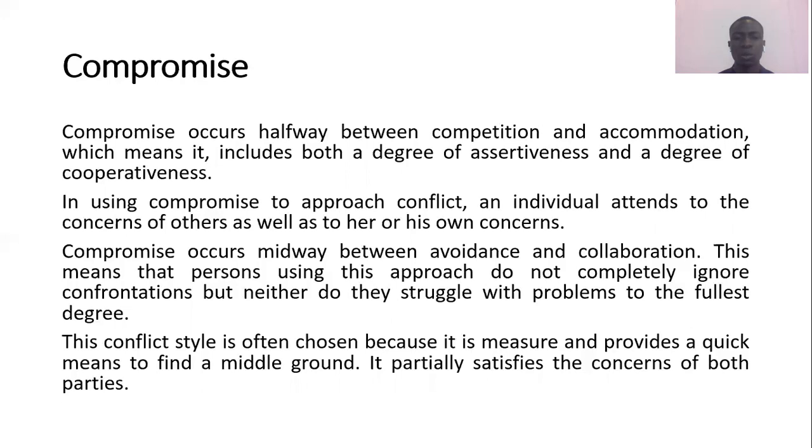This means that personnel using this approach do not completely ignore the confrontation, but neither do they struggle with the problem to the fullest degree. This conflict style is often chosen because it provides a quick means to find middle ground. It partially satisfies the consent of both parties.